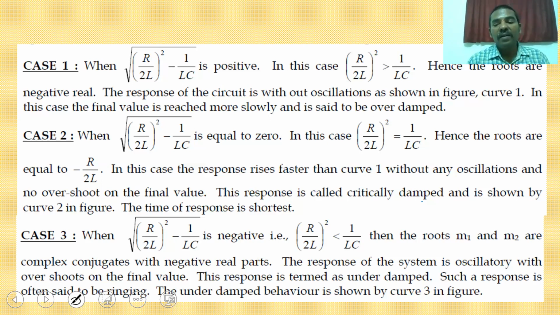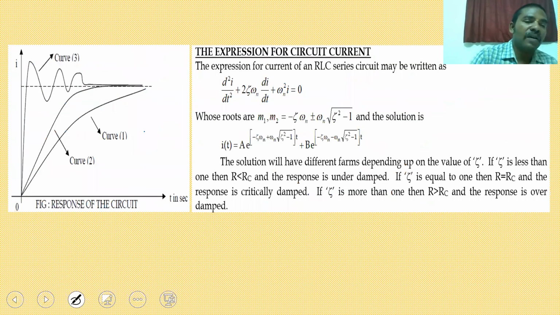For the different cases of responses, the first case is the overdamped condition. It is a sluggish system, which means you get the steady state value only after a long time.